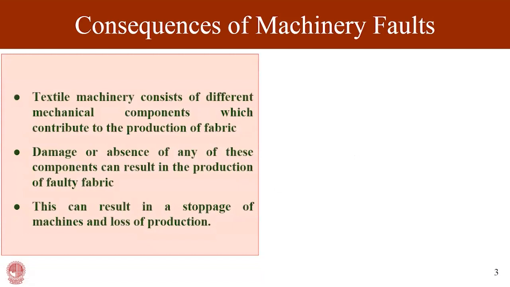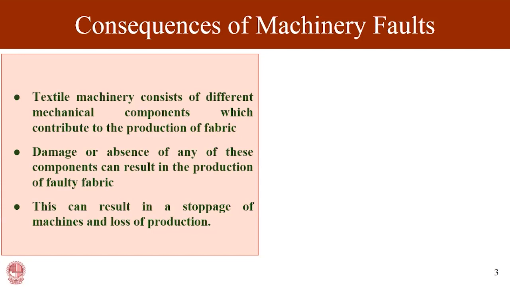Now, in the textile industry, there are different kinds of textile machinery for weaving, knitting, dyeing, and finishing, and all those sectors. Each of this machinery consists of different mechanical components which are directly responsible for the production of fabric.